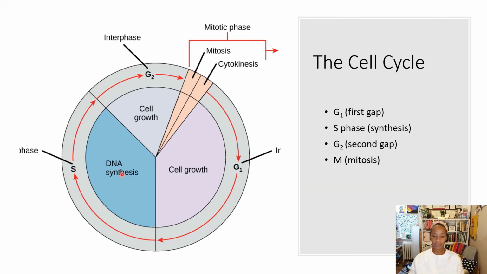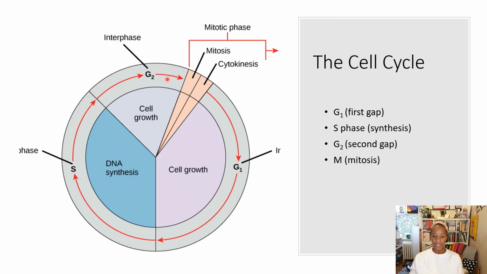Once S phase is complete, the cell, following the arrows, moves into G2 or the second gap. During G2, the cell size adjusts to accommodate the doubled amount of DNA. Organelle replication starts to happen and the cytoskeleton breaks down in preparation for cell division.